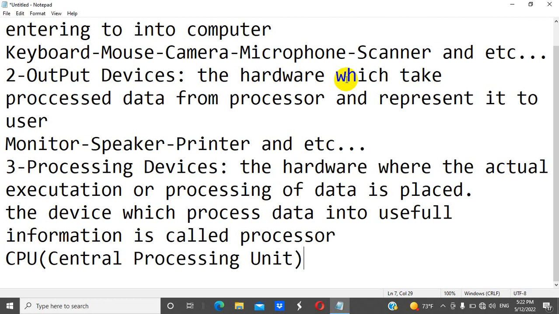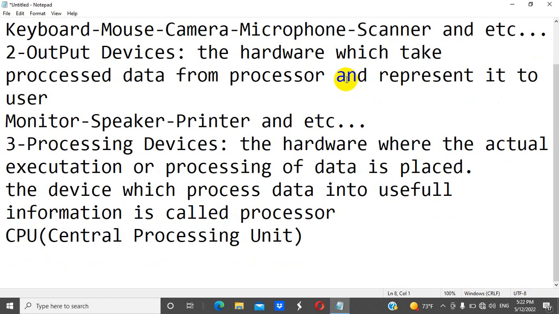For example, as I told you in previous lessons, a computer is the same as the human body. For example, I'm telling you 1 plus 1 equals. The 1 plus 1 is data, the raw form of information, because we don't know the result yet.